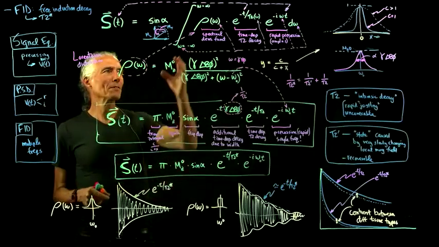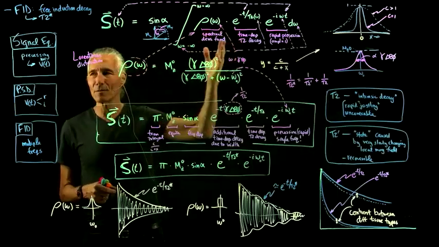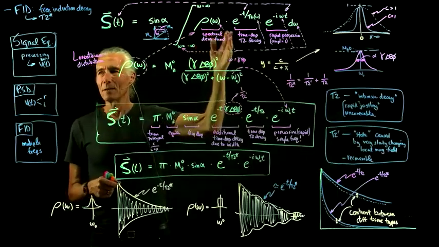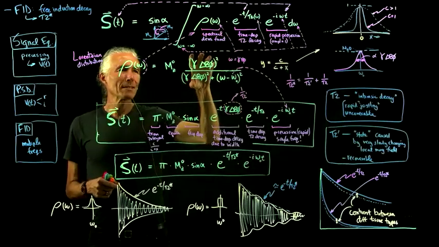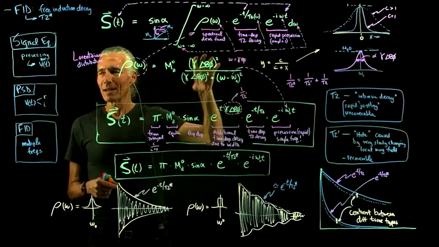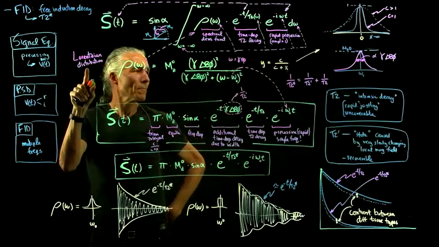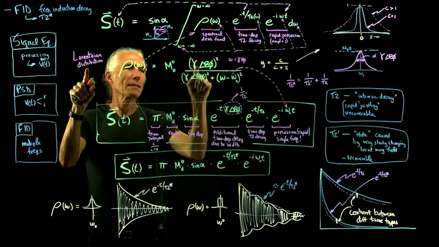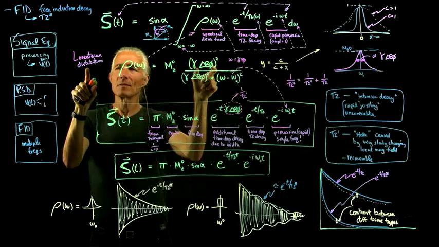Okay, so here's a general equation that describes how to calculate what the signal is going to be for any old distribution of frequencies. We just assume a simple-to-deal-with Lorentzian distribution of frequencies, which has an adjustable width. So the delta B0 tells you how wide it is.